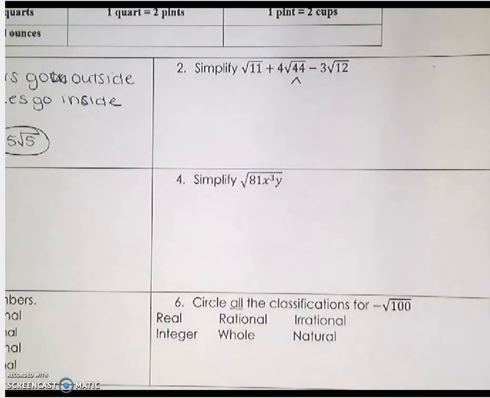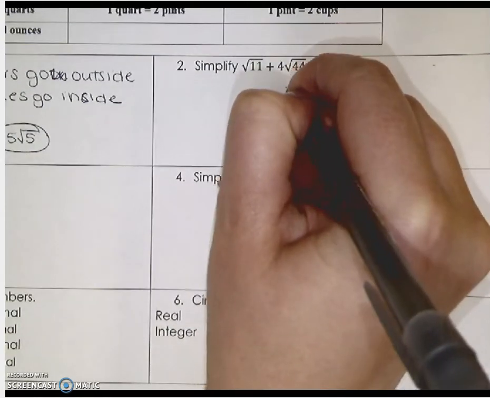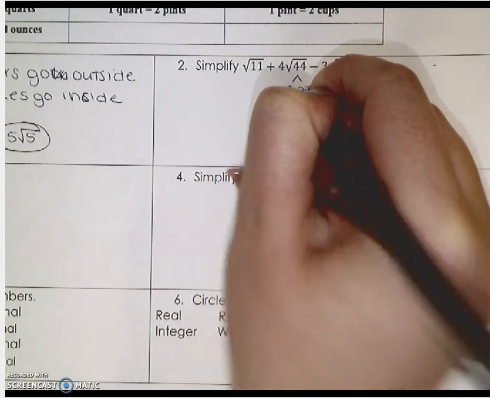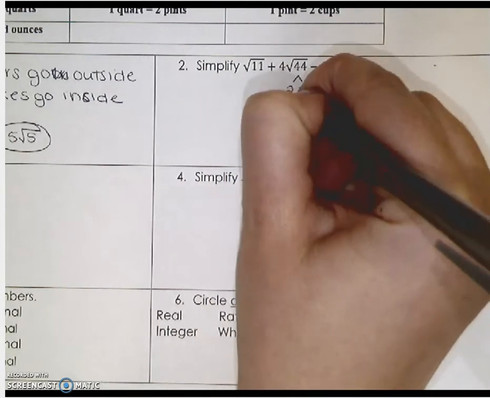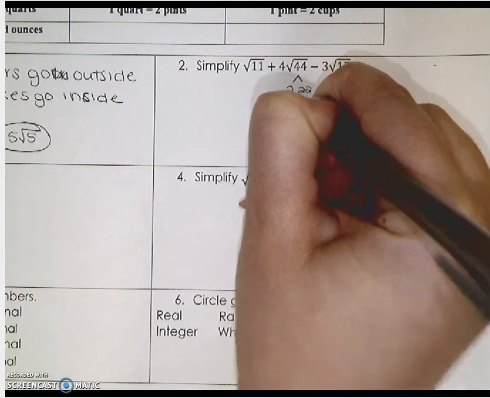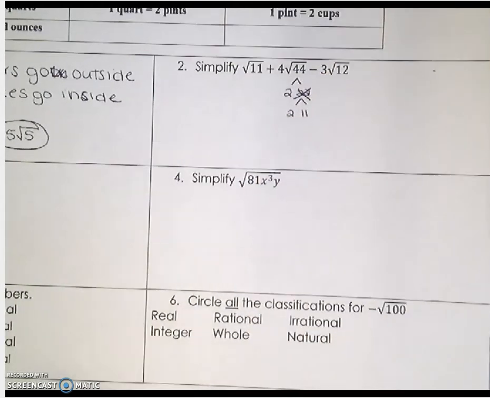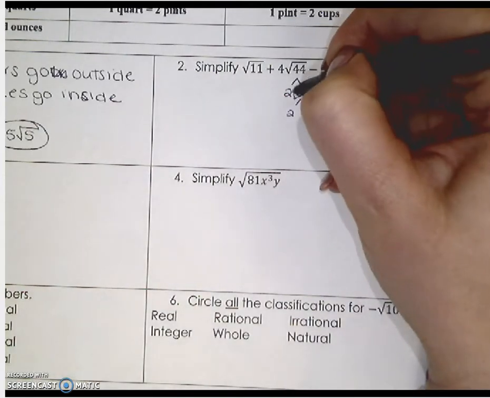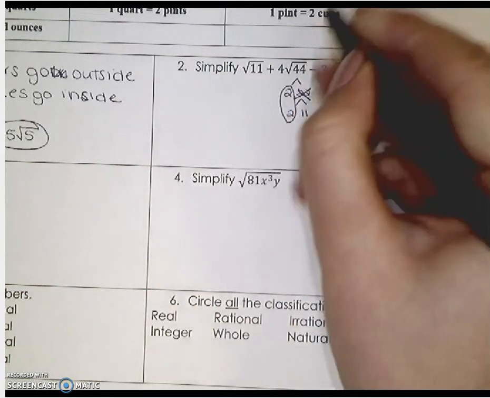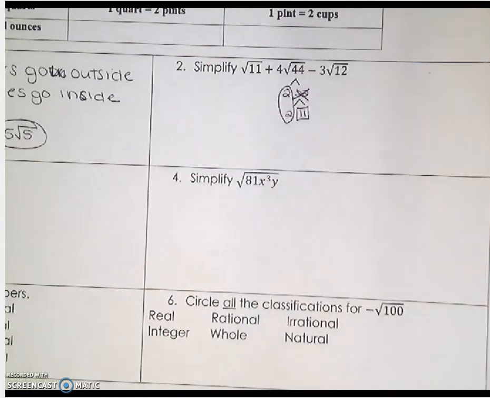44 is not a prime number. 44 can be broken down into 2 and 22. 22 can be broken down into 2 and 11. Because I broke down the 22, I'm going to cross it out. I have a pair of 2s with one 11 remaining.